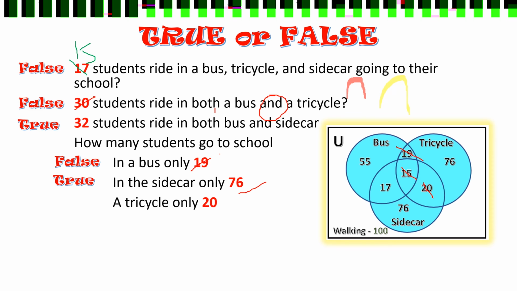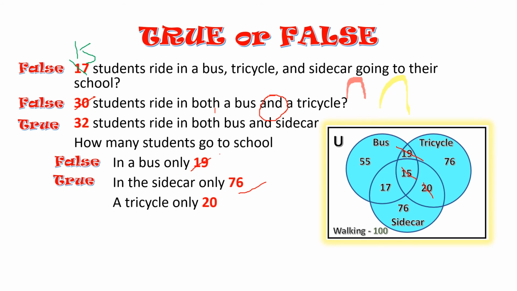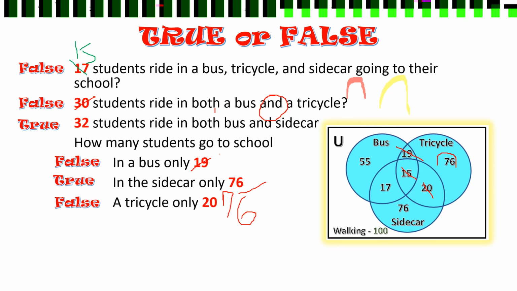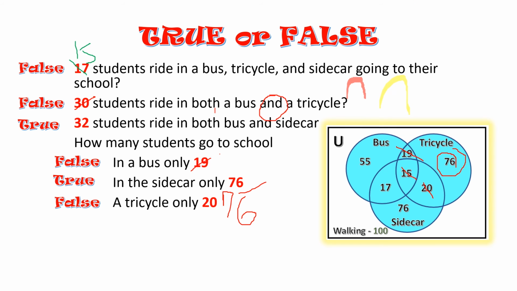So, what is left for tricycle should be, is it 20? True or false? Very good. That is false. So, that should be, again, 76. Very good. Since only 76 ride the tricycle only.